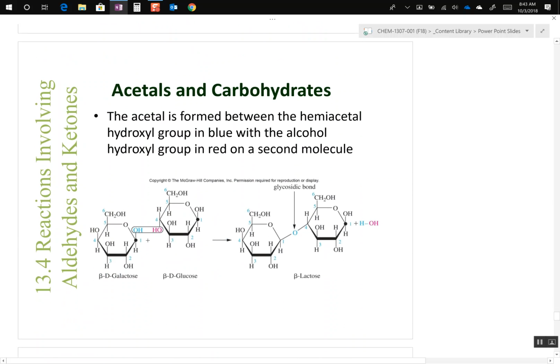Now, that's the hemiacetal. But then if you take those cyclical forms of the glucose molecules and you react them together, the OH with the OH. Remember, alcohol with an alcohol, you're going to form an ether, right?